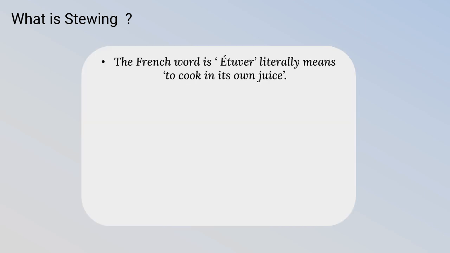Fine. Let's proceed. Now we'll talk about what is steaming, and probably this is our last topic for the day for this particular session. What is steaming? The French word for steaming is étouffée, and it literally means to cook in its own juice.